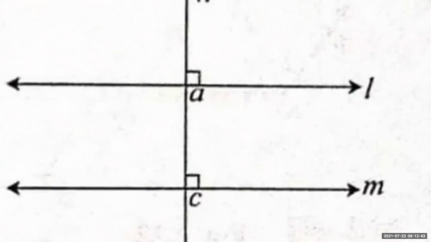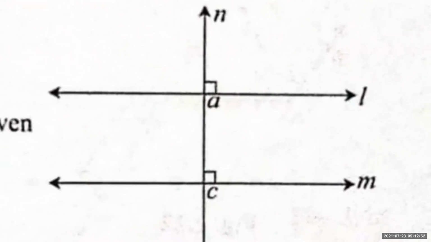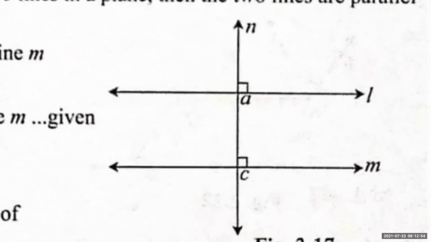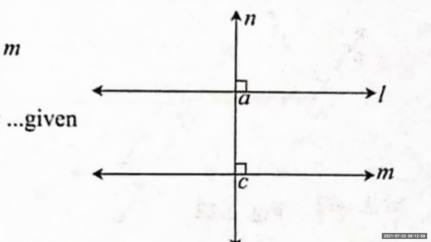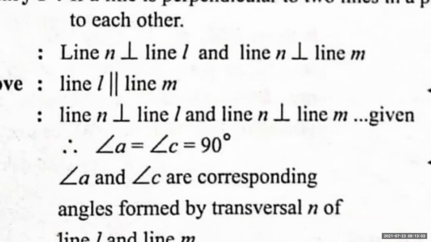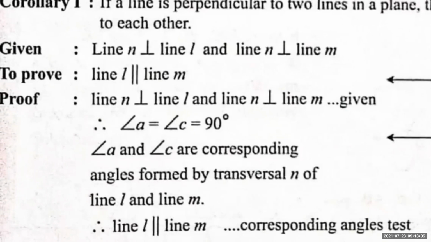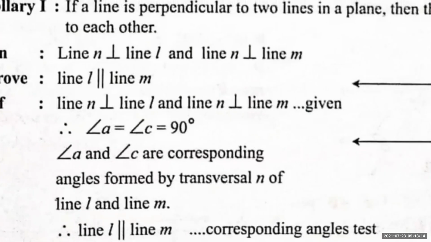You can see here the symbol mentioning a right angle. So those right angles measure 90 degrees each. So angle A and angle C, you can see in the diagram, are 90 degrees each. So we can also say that those are a corresponding pair of angles.